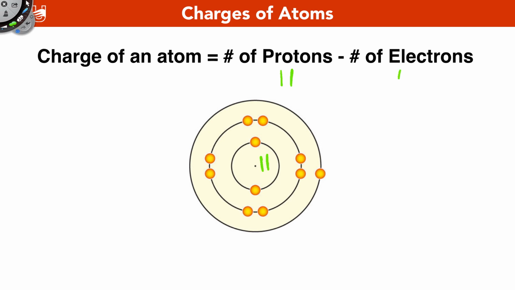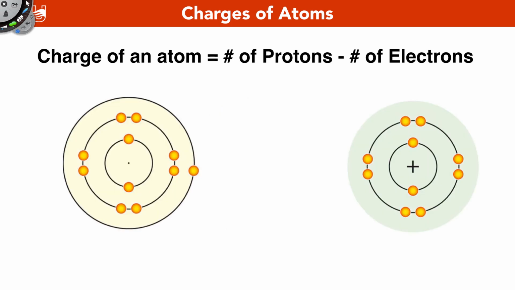We've got 11 electrons. What's the charge of this atom? Well, 11 minus 11 is 0. Exactly. So the charge of this atom is 0 because the number of protons equals the number of electrons. So they kind of balance each other out.